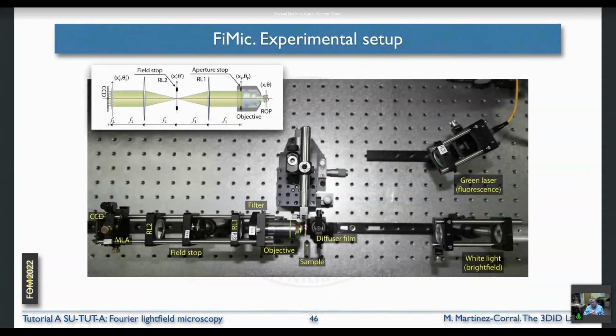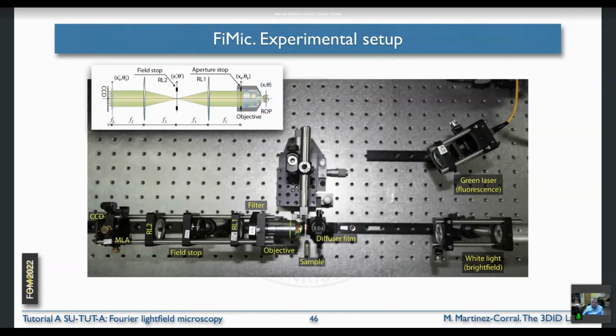So then I finish the numbers, and I would like to show you some results, the way we implemented this. This is the first Fourier Lightfield microscope we implemented in our laboratory. It was quite simple. This is the objective.